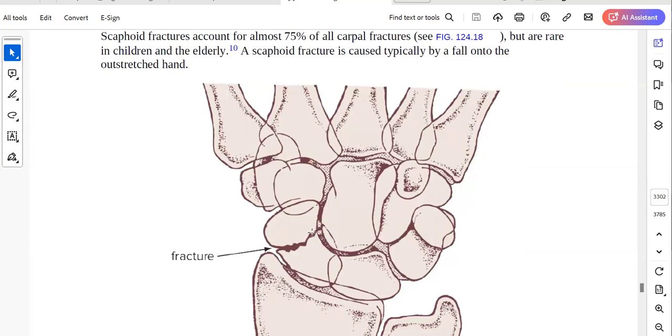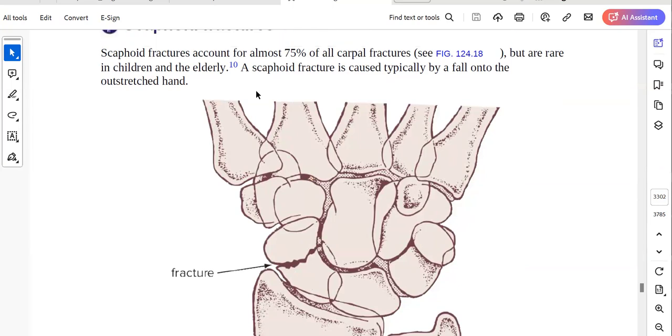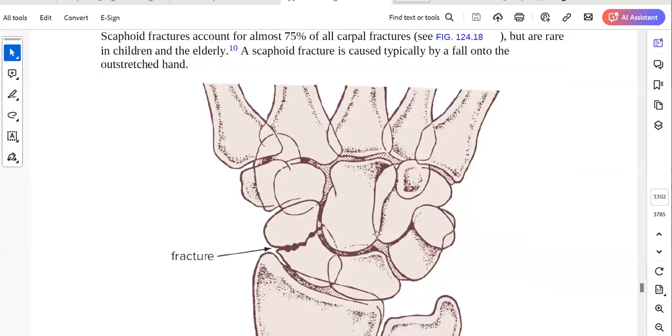At the base of the thumb, you get your scaphoid bone. Scaphoid fracture is almost 70 to 75% of all carpal bone fractures. It's rare in children and the elderly, but middle-aged active patients usually get it by falling on their outstretched hand.